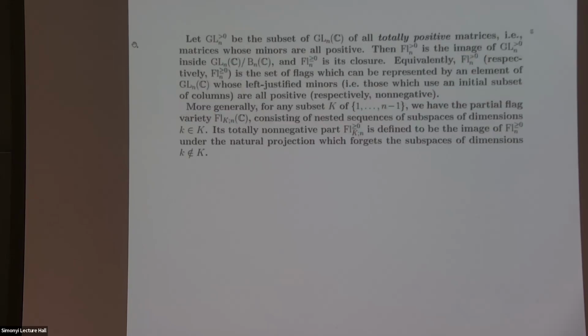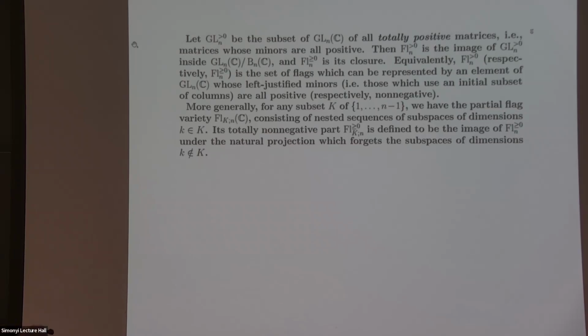All right, so how does that relate to totally positive matrices? If I take the subset of GLN(C) of totally positive matrices, so matrices where all minors are positive, then FLN greater than 0 is the image of GLN greater than 0 inside this space, GLN(C) mod BN(C), and FLN greater than or equal to 0 is its closure. So you simply map totally positive matrices onto this set.